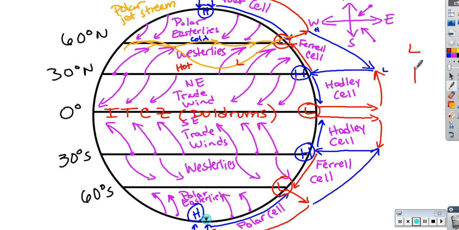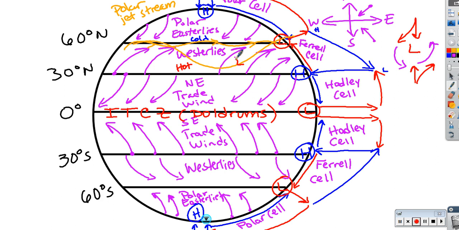So air is trying to converge towards the low, away from the high towards the low, but is being deflected to the right of its path. And so the overall effect is that you get a cyclonic rotation, or I should say, a cyclone is one that has a counterclockwise rotation. So a counterclockwise rotation around the low pressure.